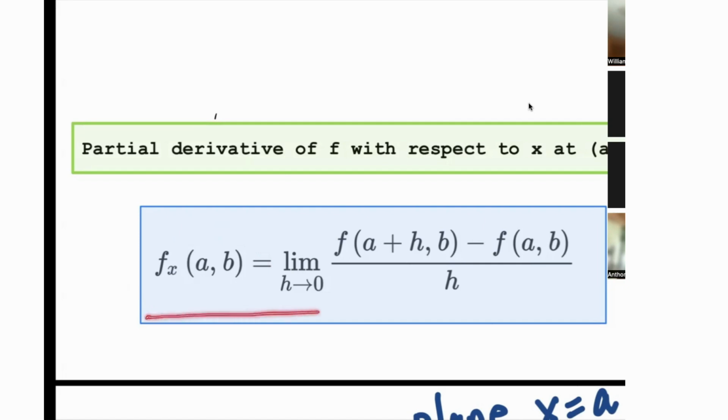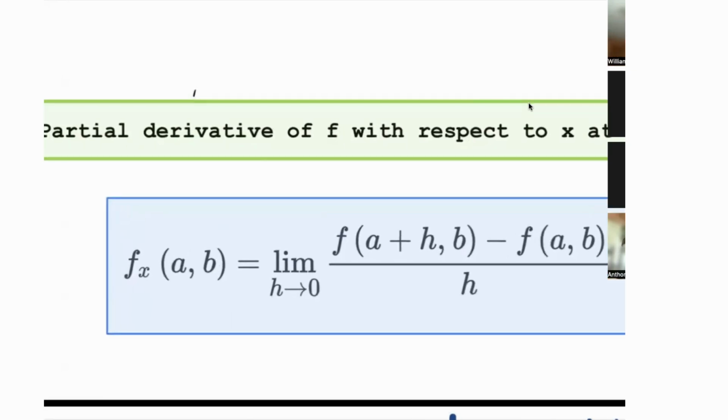But take a moment to think about this definition. What are we saying here? Again, this notation x here means that we're going to change the value of a, the x coordinate. The other coordinate remains fixed at b. So here's b, here's b.